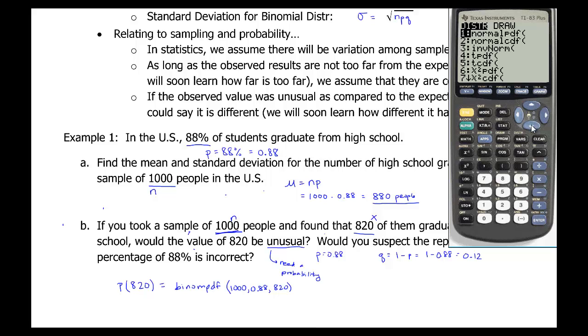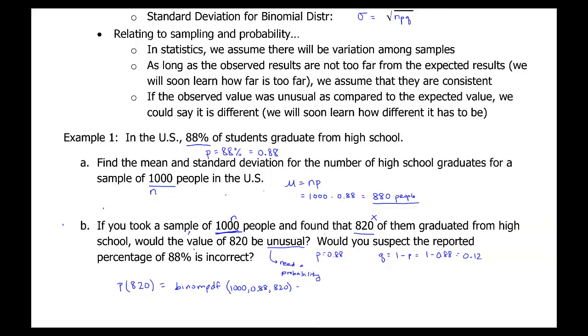Look at this distribution function using 1,000, 0.88, and 820. And you'll see you get a really tiny probability. This is not necessarily what you would expect. So I'm just going to use less than 0.001 because that was such a small number.